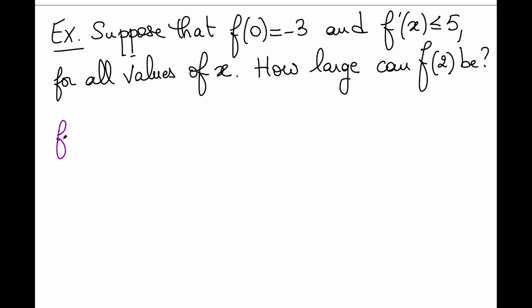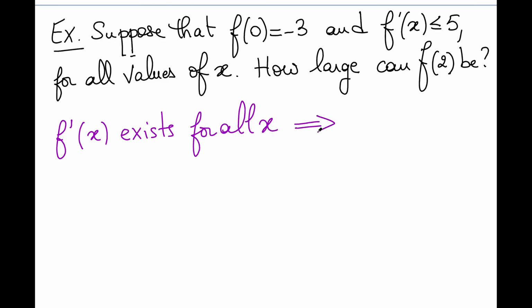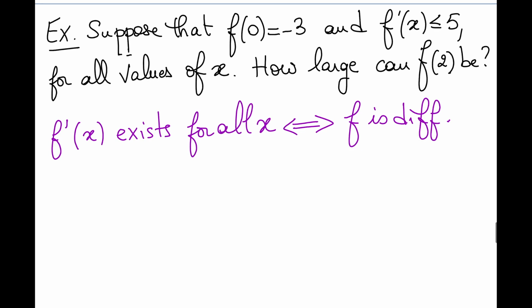So we are given f prime of x exists for all x, which is equivalent to saying f is differentiable for all x, everywhere.